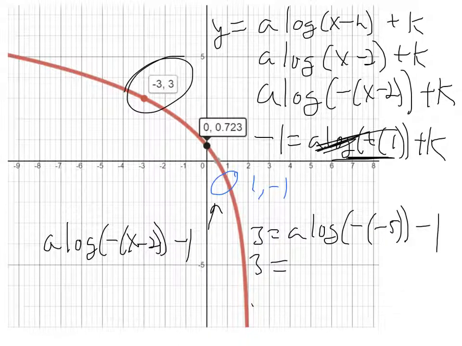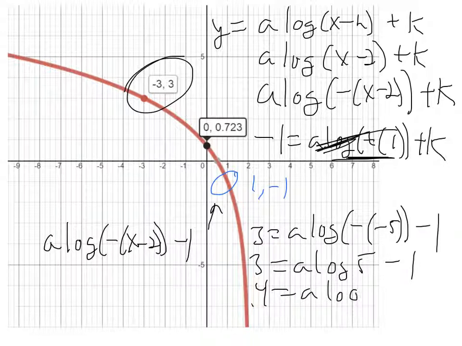So 3 equals a times the log of 5, minus 1. I'm going to add 1, get 4, equals a log 5. So that tells me the a factor is 4 over log 5.